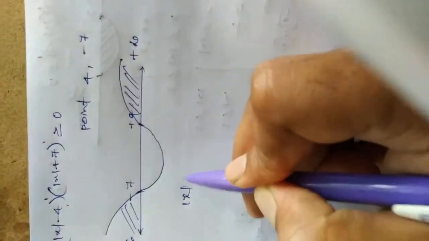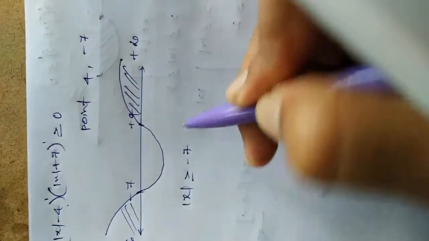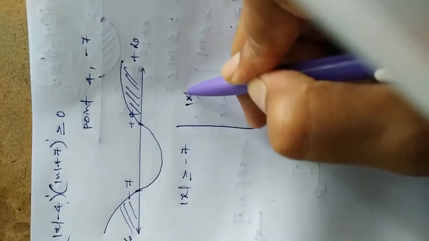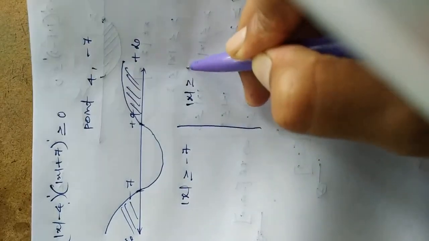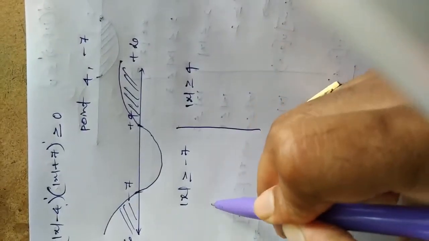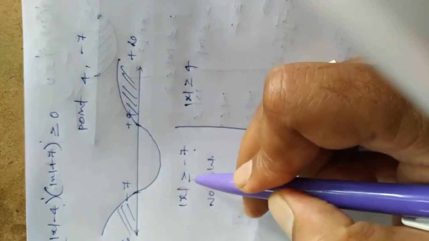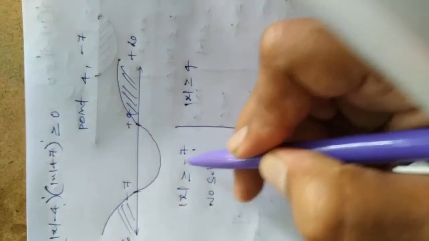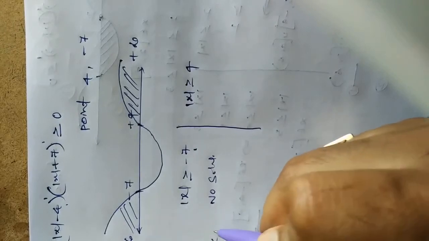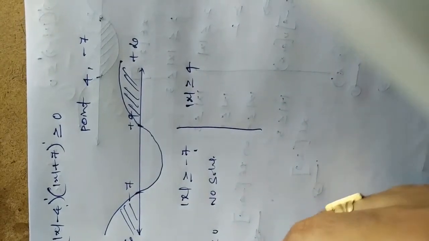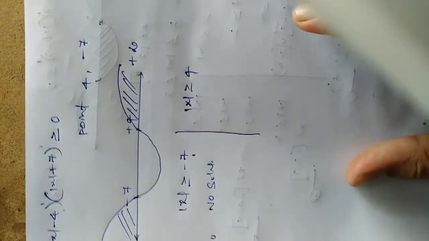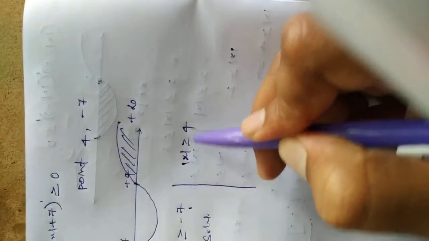Greater means this is the greater region. So mod x is greater than or equal to minus 7, and the next one is mod x greater than or equal to plus 4. For this one we have no solutions: a is negative, meaning a is less than 0, so there is no solution. So x is greater than or equal to 4.